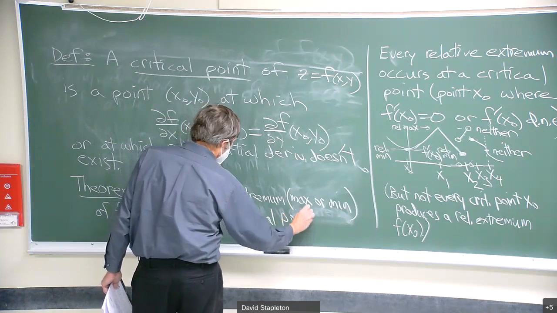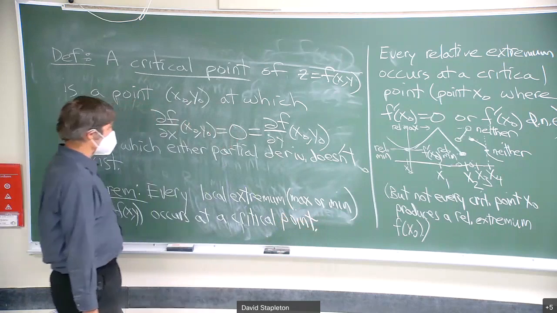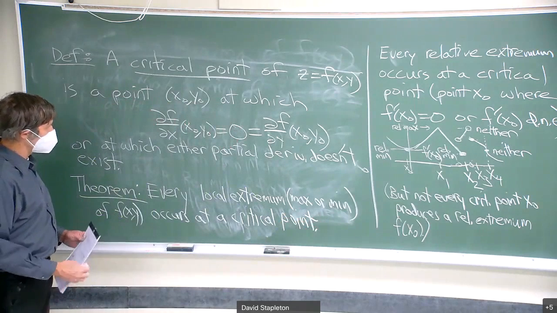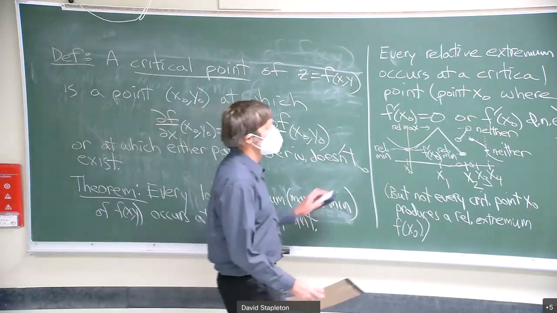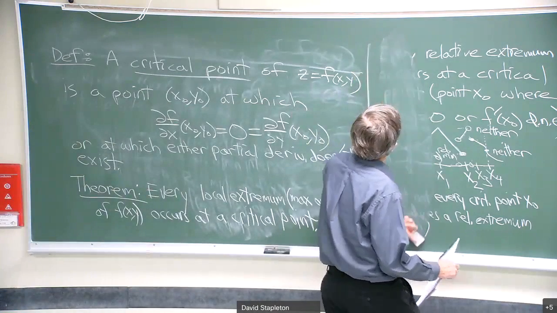So there's a necessary condition for a relative max or min of a function of two variables: it also has to be at a critical point. That'll narrow it down a lot for us.